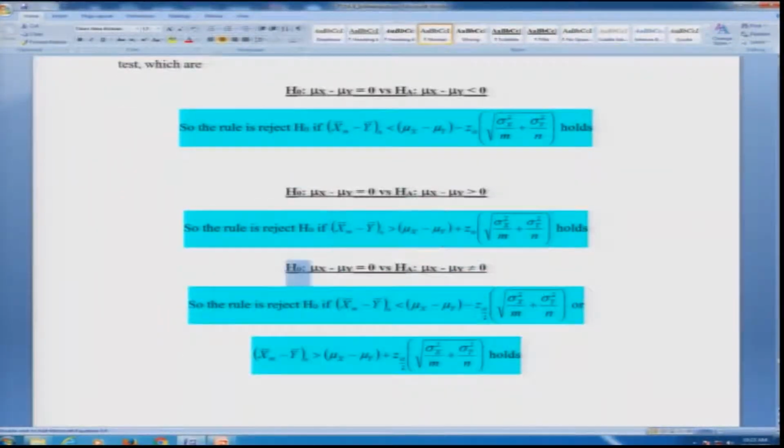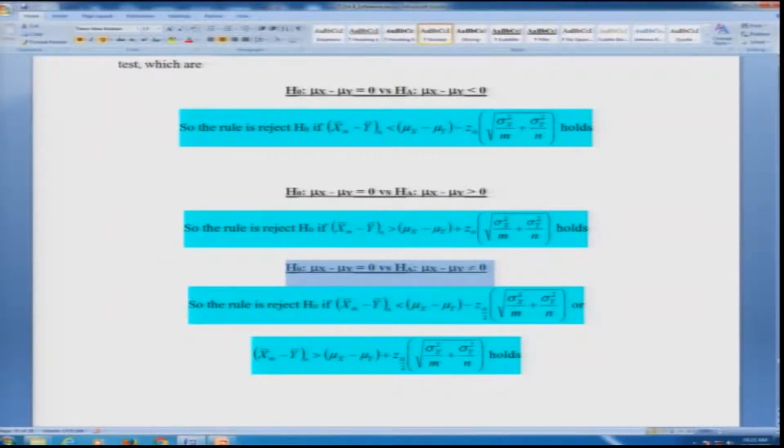In the third example, if we have, say for example, the null hypothesis remaining the same and the alternate hypothesis being that the differences of the means are not equal to 0, then obviously you have, in the case the values being not equal to 0, a left hand side and right hand side, which is two tailed.